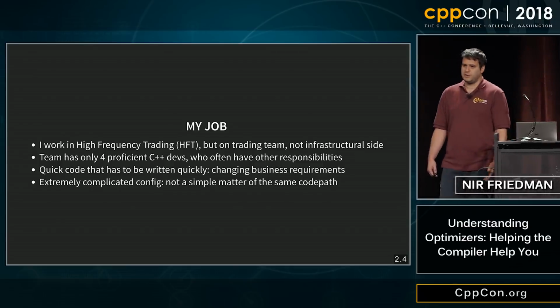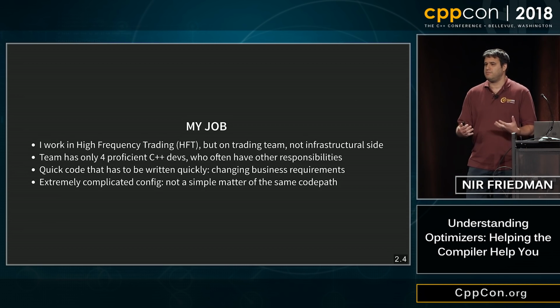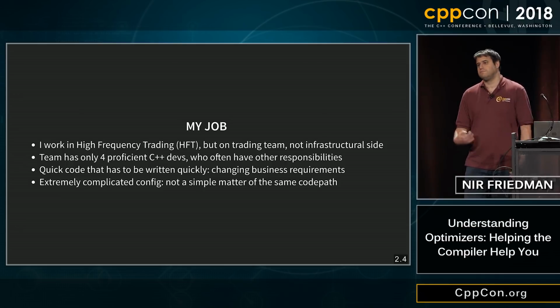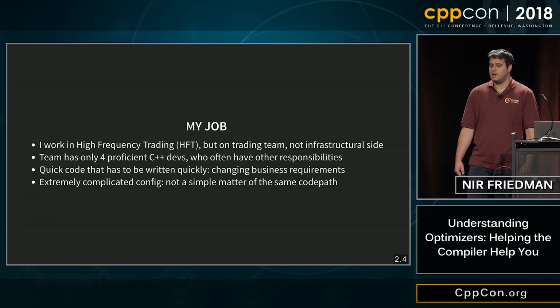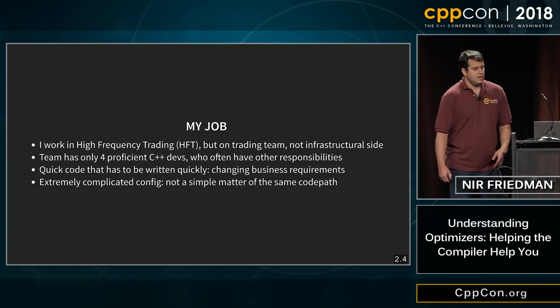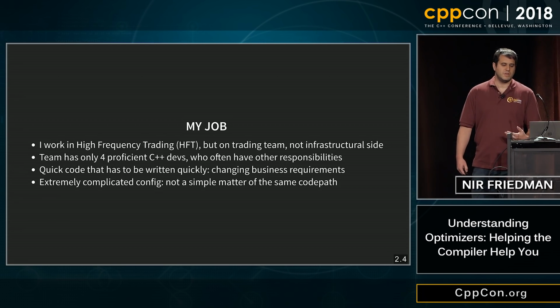So what's my job? I work in high-frequency trading. I'm not on an infrastructural team. I'm actually on a trading team itself. So it's a very small team of people, just 6. And there's only maybe 4 people, say, that are proficient at C++. We have lots of responsibilities other than just purely cranking out C++. So there's just not a lot of time to go around.